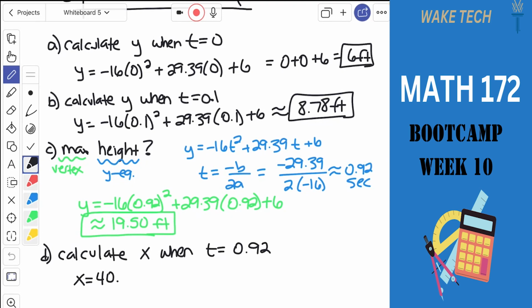So 40.45 times t says that the ball is 37.21 feet away from the person who threw it. Questions about D?